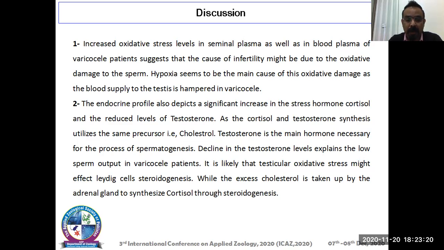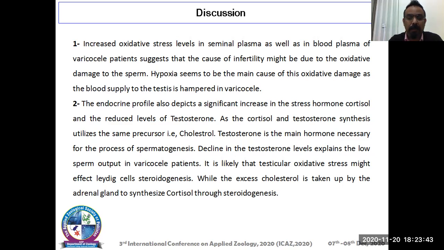The endocrine profile, if we look at the LH and FSH levels, they do not differ that much, but the levels of testosterone were extremely low in varicocele patients, whereas the level of cortisol was extremely high in these varicocele patients.